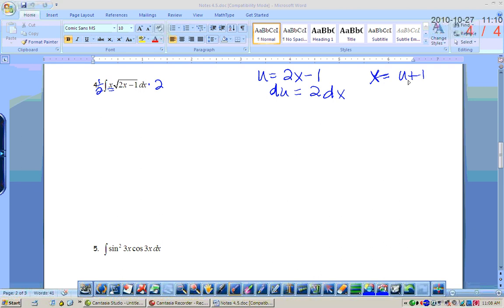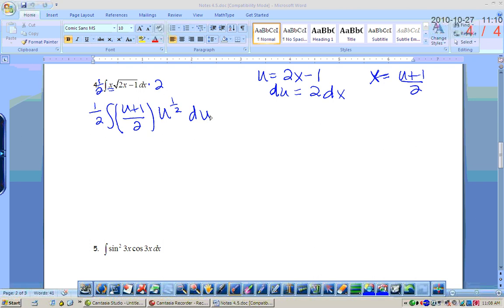U plus 1 over 2. Okay, so for the x, I'm going to put in u plus 1 over 2. And then my square root of 2x minus 1 is u to the 1/2. And the 2 dx is my du. Isn't that kind of fun? Way to make it work?